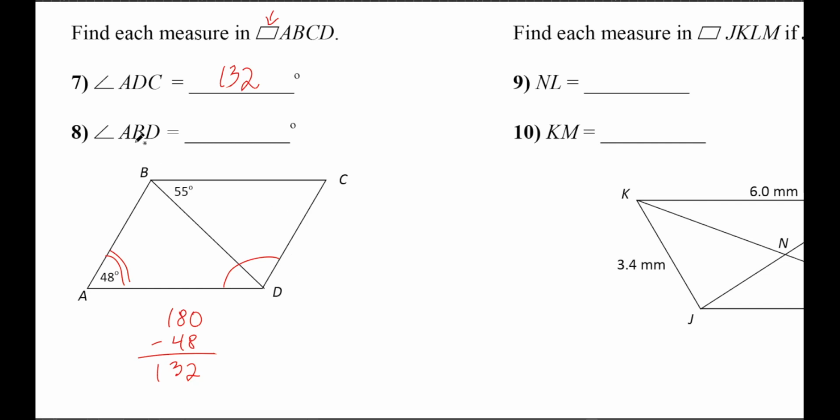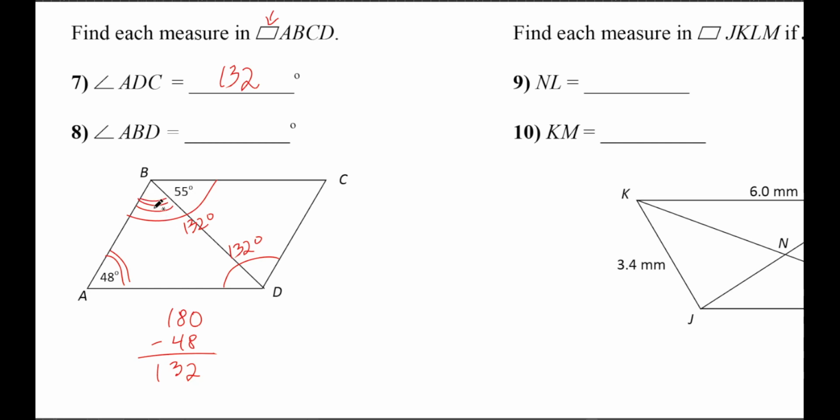All right, what else do they ask for? ABD, where's that? That's this one right here. Now, if this whole big angle is 132, what's this whole big angle right there? That's also 132. I shouldn't have put two arcs there. Let's put three of them. Okay.